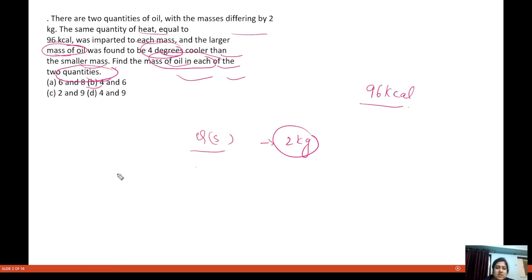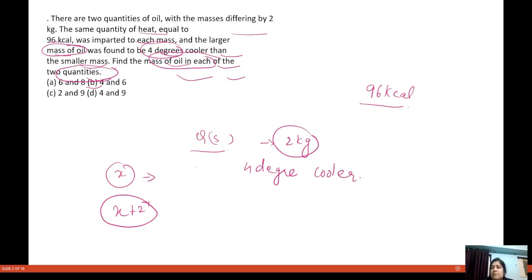So that means one quantity is x and another quantity is x plus 2. The larger quantity of mass was found to be 4 degrees cooler. Then we have to find the mass of oil in each one of these.